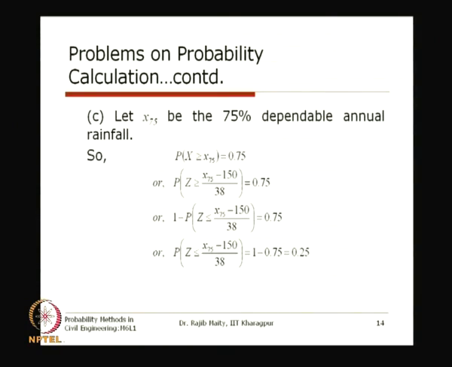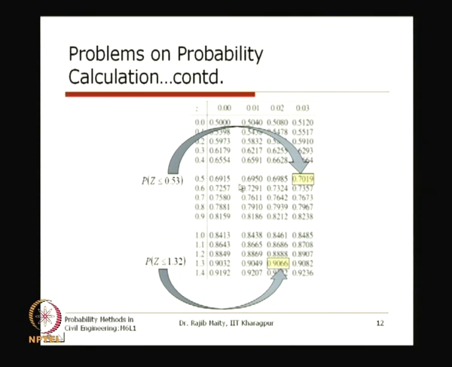If we go back to the original table, instead of looking for z first, we look for where this probability is. For example, here the probability is 0.8186, so this is for the z value equal to 0.91. Similarly, I have to look for the probability equal to 0.25.